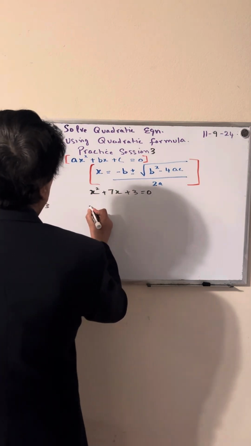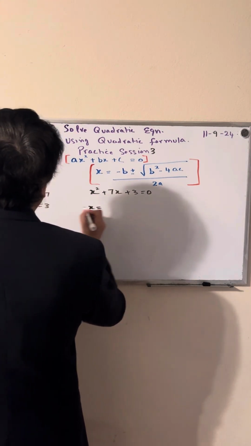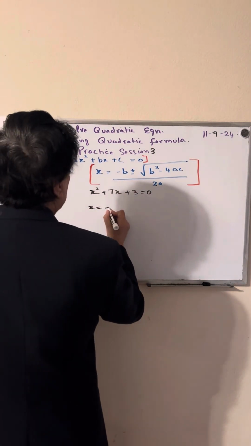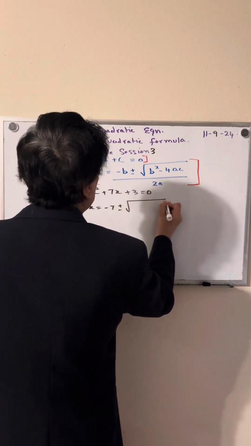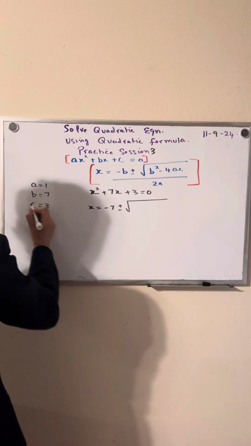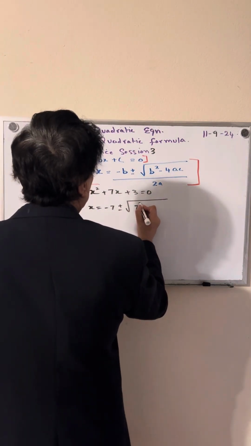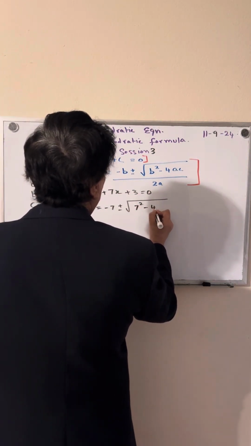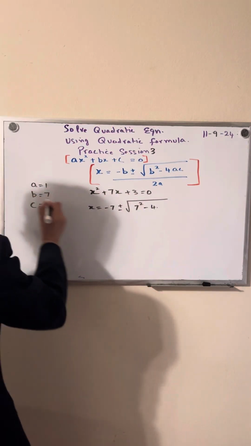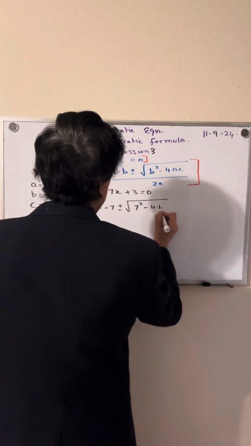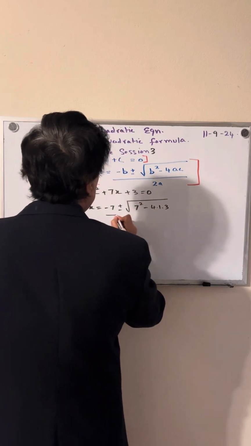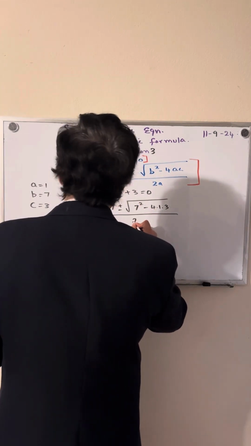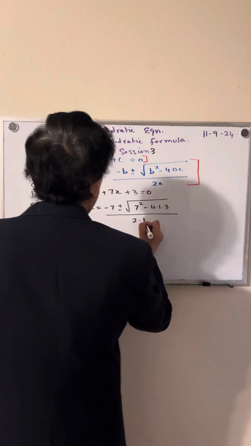So x is equal to minus b, which is minus 7, plus or minus the square root of b squared, b is 7, so 7 squared, minus 4 times a, which is 1, times c, which is 3, divide the whole enchilada by 2 times 1.